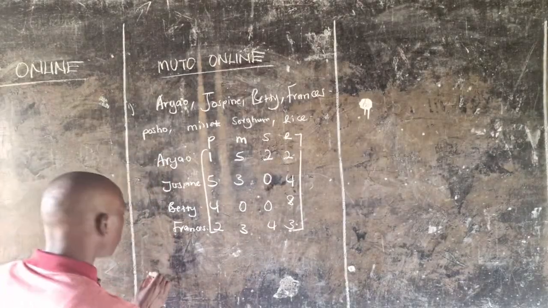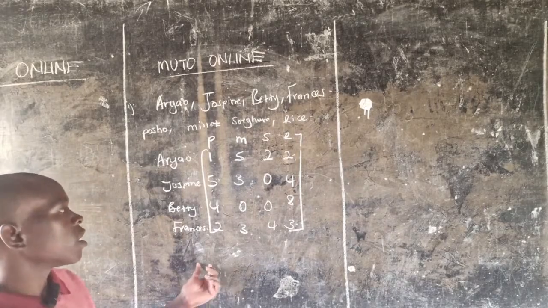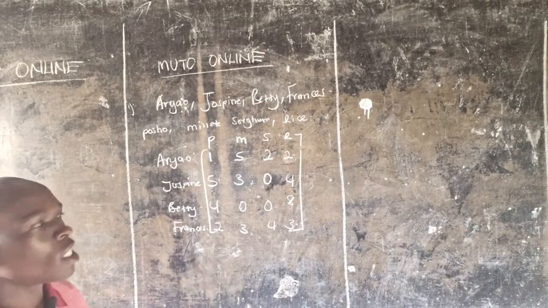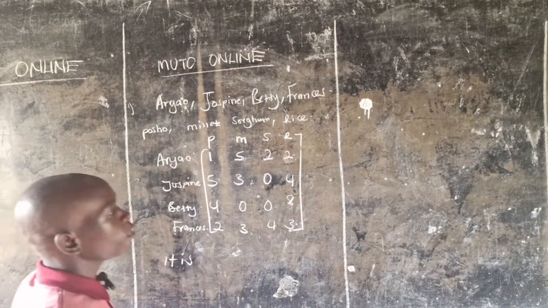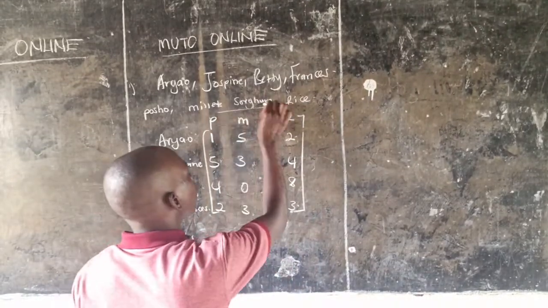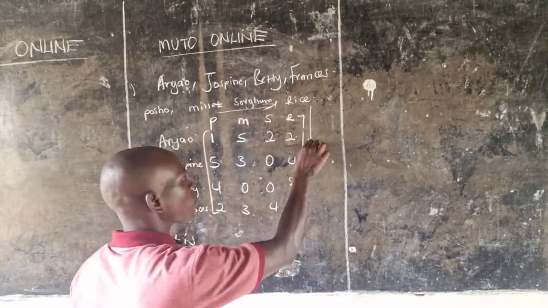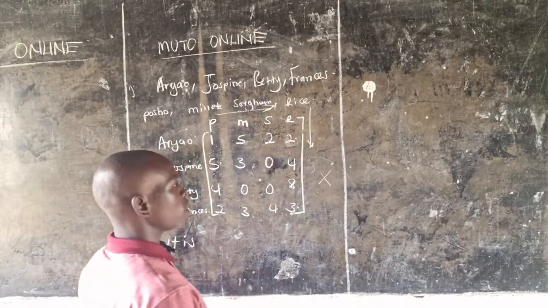However, just like I've told you, whenever you write a matrix, make sure at least you state its order. When we are stating the order of a matrix, we say row by column, and the word by can be represented by a multiplication symbol.